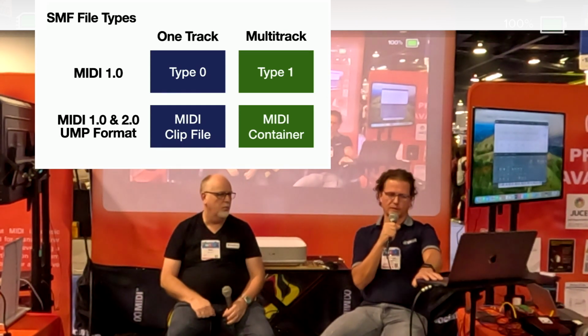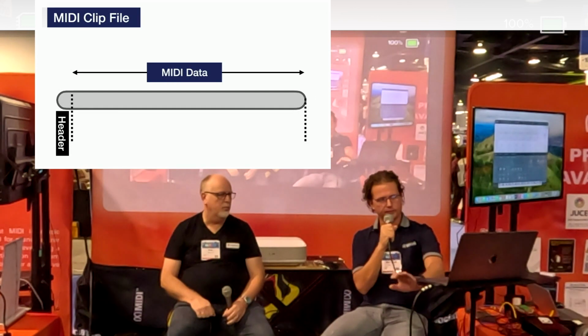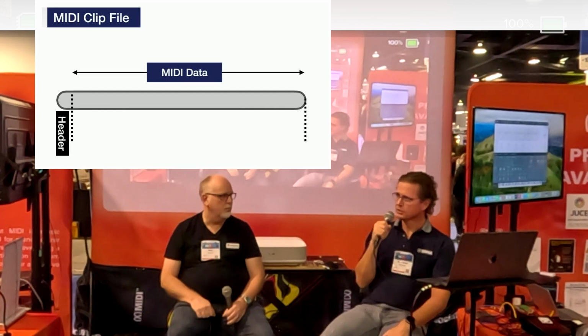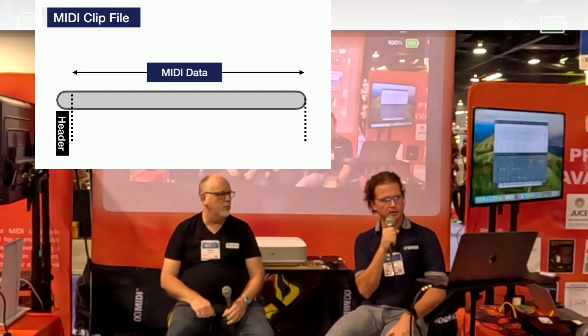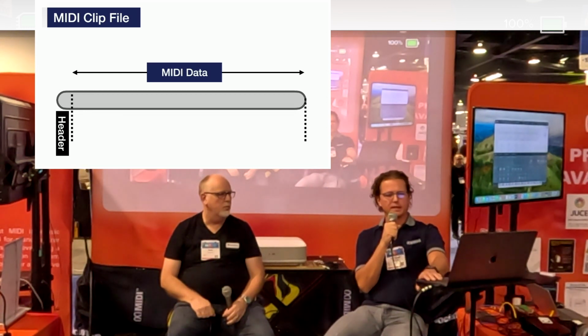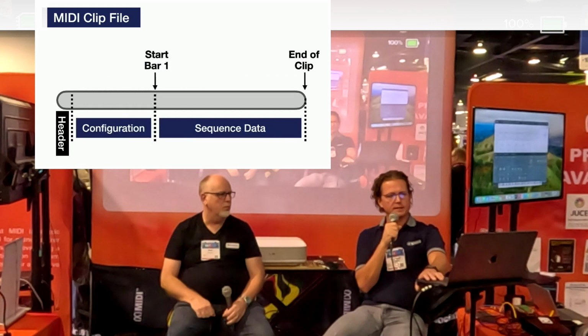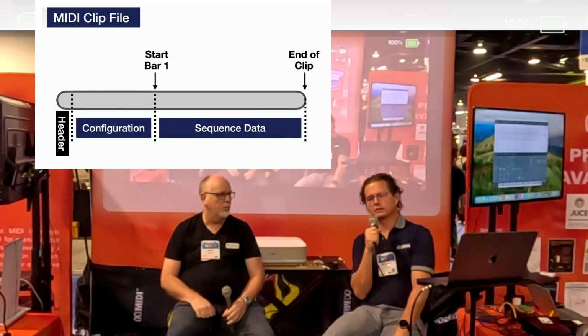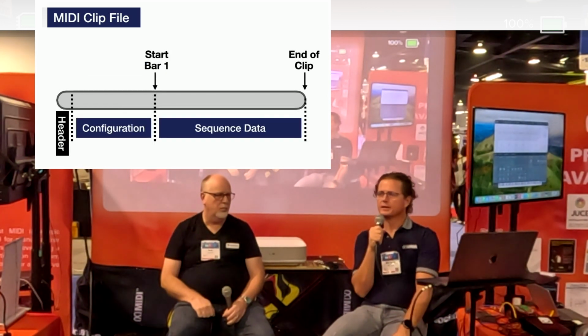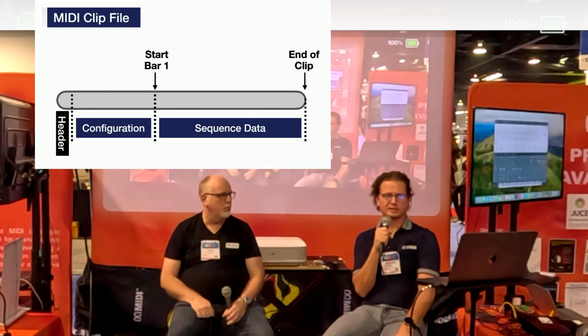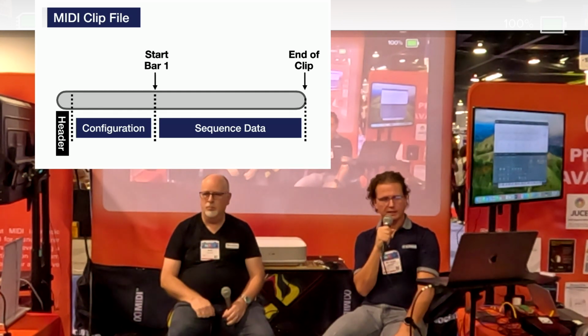So let's talk about what that might look like after we talk about MIDI clip file. A MIDI clip file is in 3 parts. There's a header, basically a magic number that identifies that it is a MIDI clip file, and then there's a configuration section. This works like the setup bar in a typical SMF type 1 file.